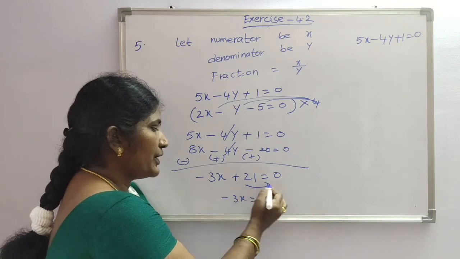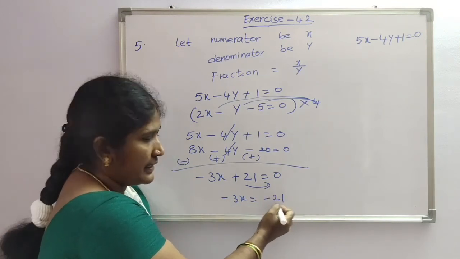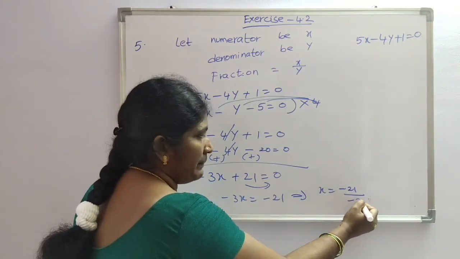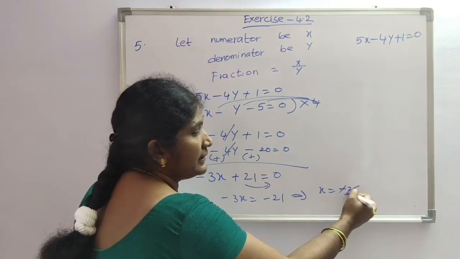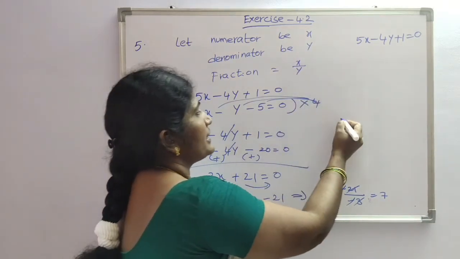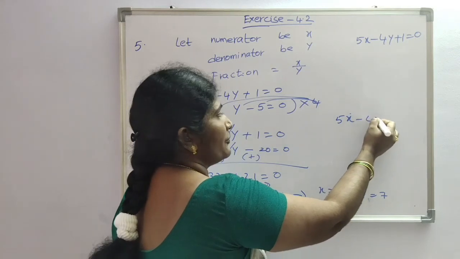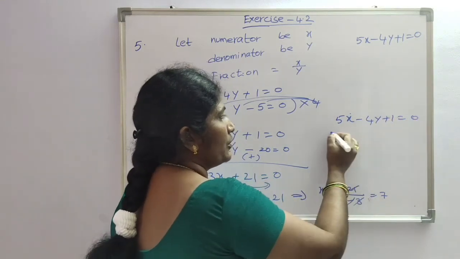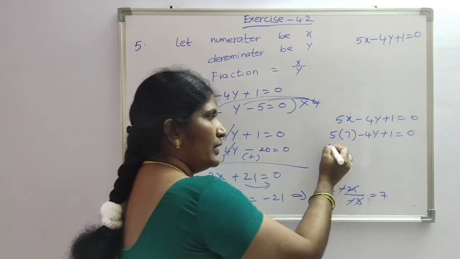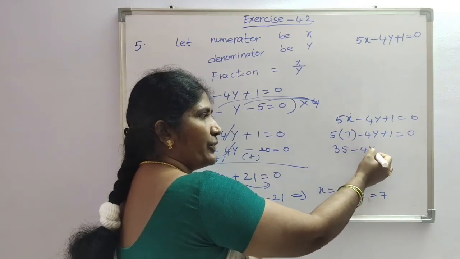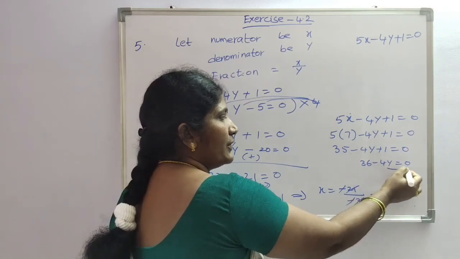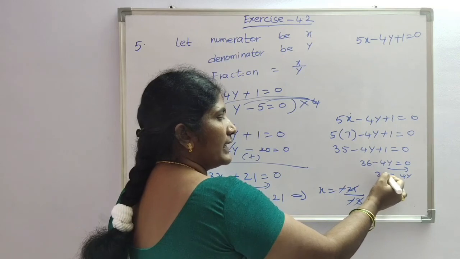Minus 3x is equal to minus 21, transposing 21 to the RHS. X is equal to minus 21 by minus 3. Minus minus get cancelled. 3 1s 3, 3 7s 21. X we got, 7. Now substitute in the first equation. 5x minus 4y plus 1 is equal to 0. 5 into 7 minus 4y plus 1 is equal to 0. 35 minus 4y plus 1 is equal to 0. 36 minus 4y is equal to 0. 4y is equal to 36.